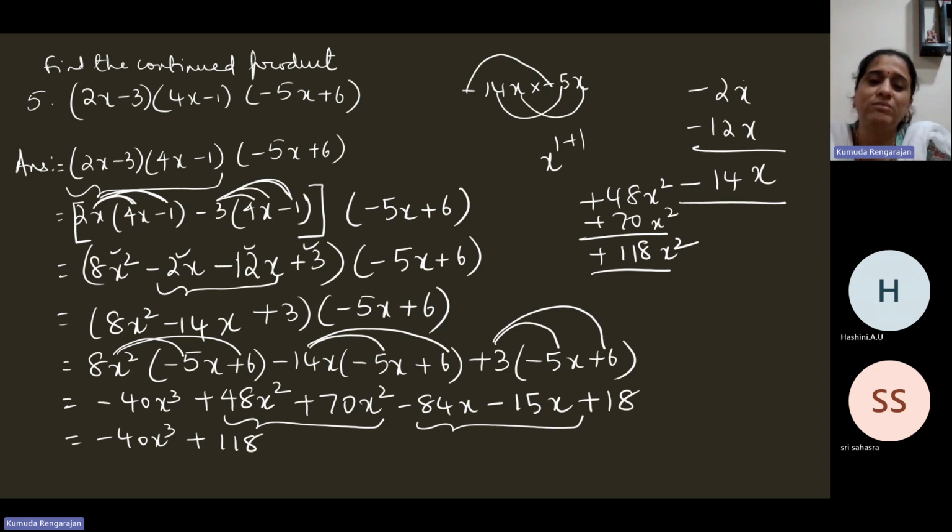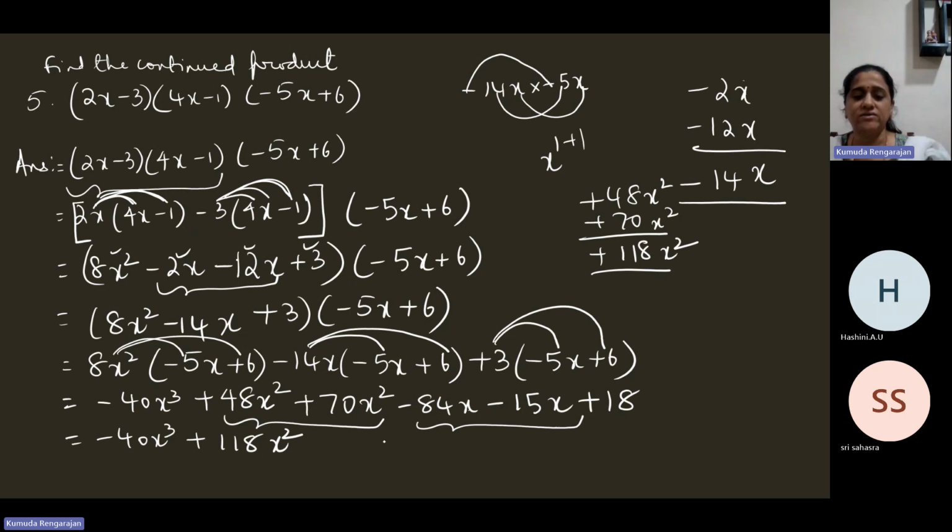X squared into x squared is x to the power 4, but that is only for multiplication. When adding or subtracting, write the literal factor as it is. Plus 48 plus 70 is plus 118 x squared.